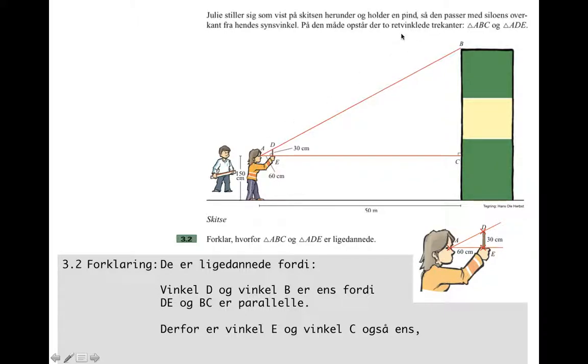Also, they've told you that it's two right-angled triangles, so E and C, another reason that they're equal is that we've been told that they're both 90 degrees. And the triangles share angle A, so at the point where her eye is, that's the same angle in both triangles that they're sharing.